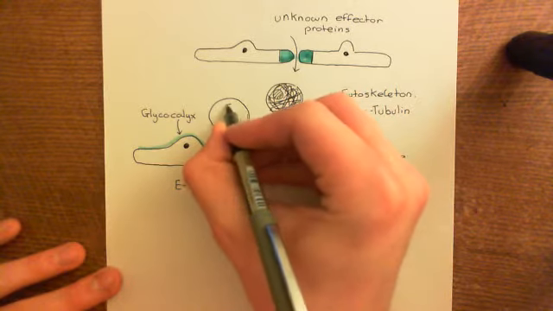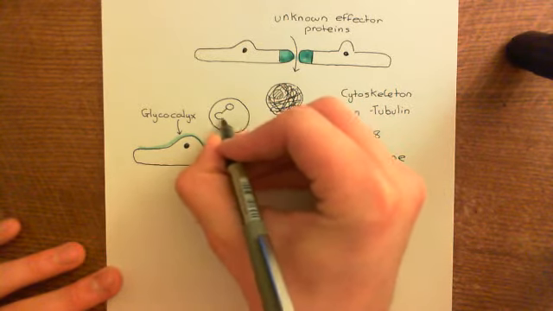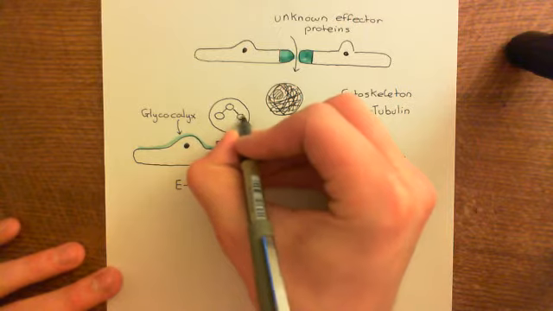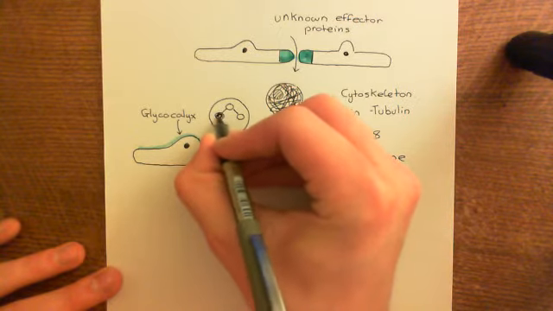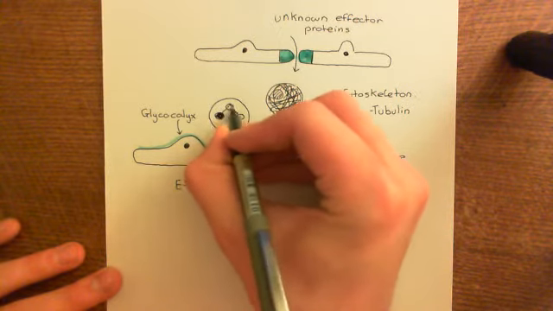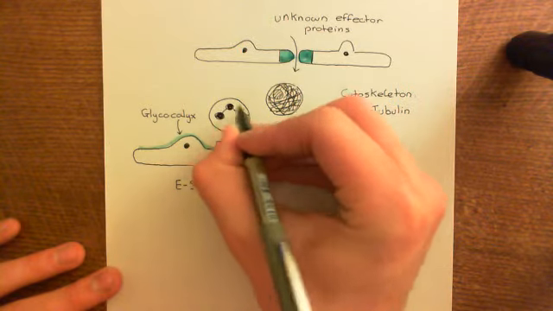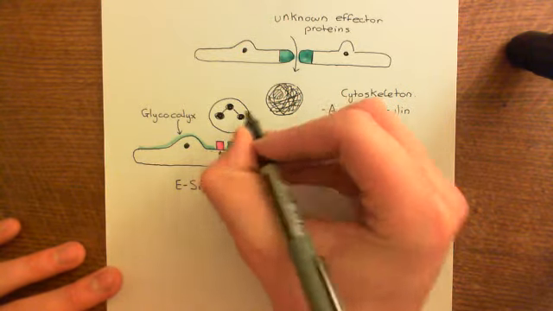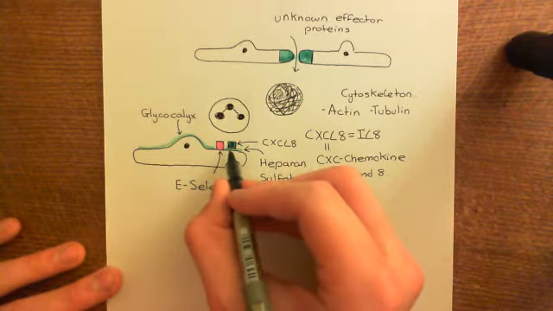So here is a neutrophil with its multi-lobed nucleus here, okay, and the archetypal number of lobes for a neutrophil's nucleus to have is 3, so we'll draw 3, and it has receptors for both of these.